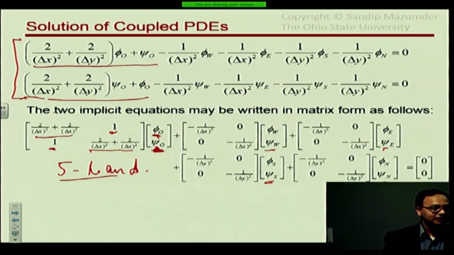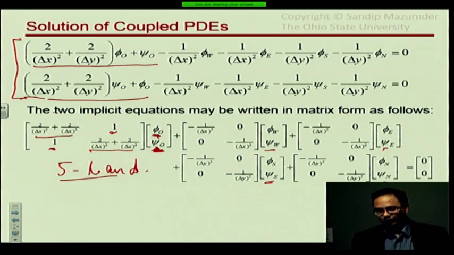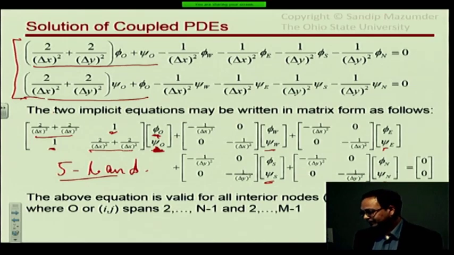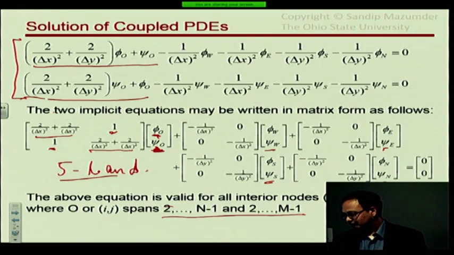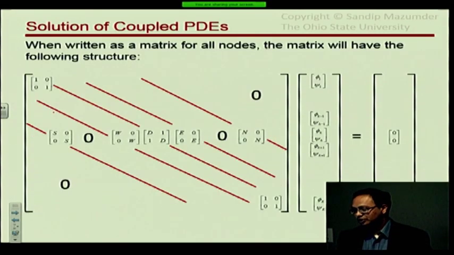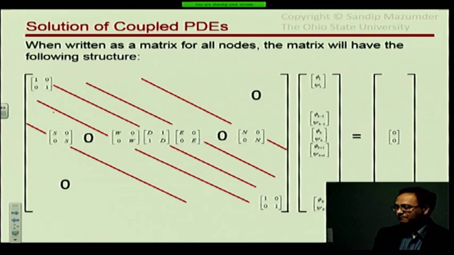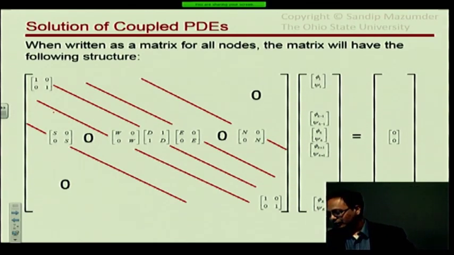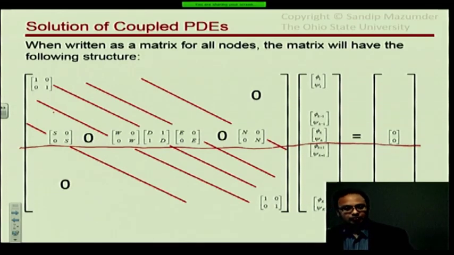If I write this out as a matrix for all nodes, spanning 2 to n minus 1 and 2 to n minus 1, this is what you're going to get. You're still going to get a 5-band equation of this form, but every element is now a 2 by 2 matrix.